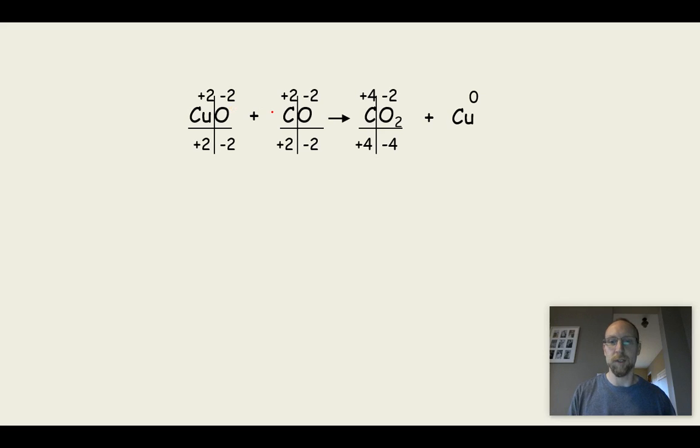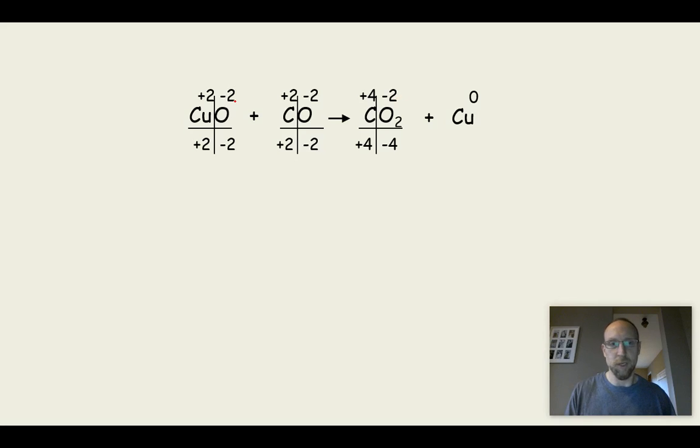Once every element has an oxidation state, you can move on to step 2, connecting the 2 elements that changed. Only 2 are going to change. So who changed here? By changed, what do I mean? You have to look from the left to the right, so you're not looking at elements on the same side of the reaction. I have to compare the oxygen on this side to the oxygen on this side.